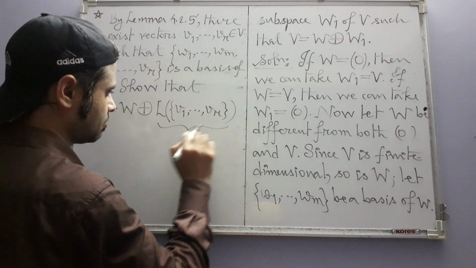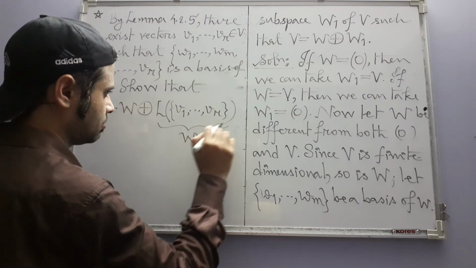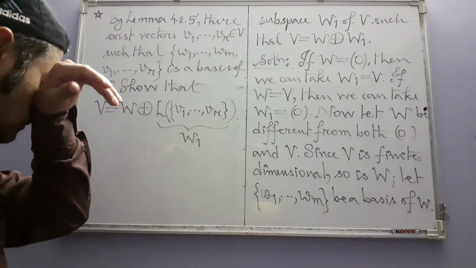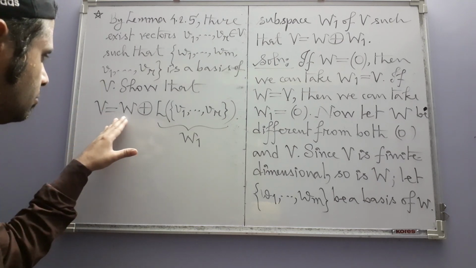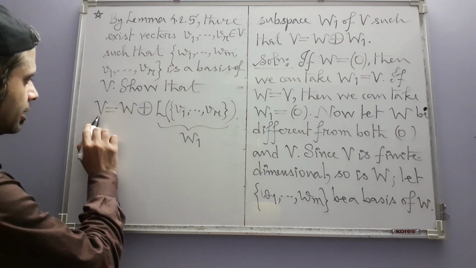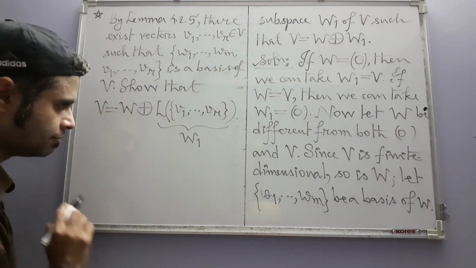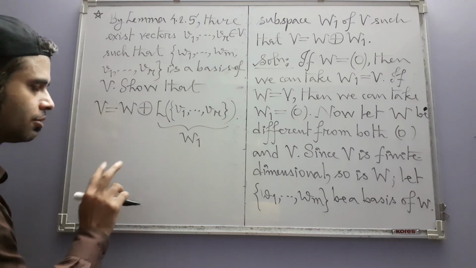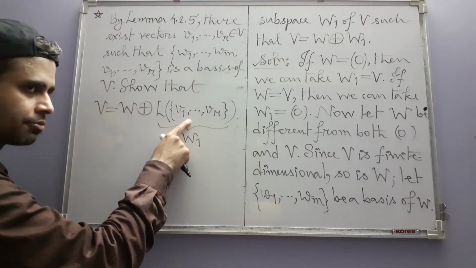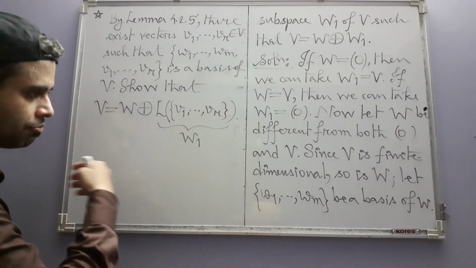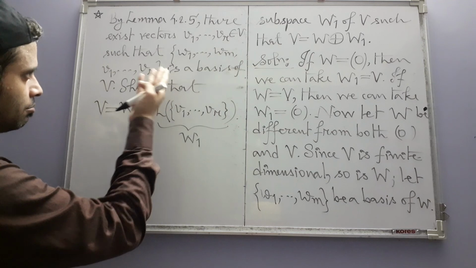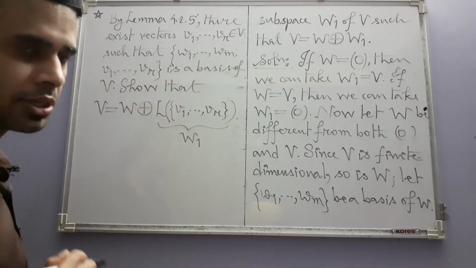Let me just finish by saying, what do you need to show this? First of all, you have to show that every vector in V is a sum of two vectors. One of them is coming from W and the other is coming from this, which in fact will follow almost directly from the fact that this is a basis for the entire space V.